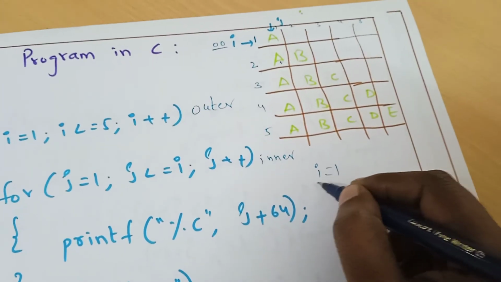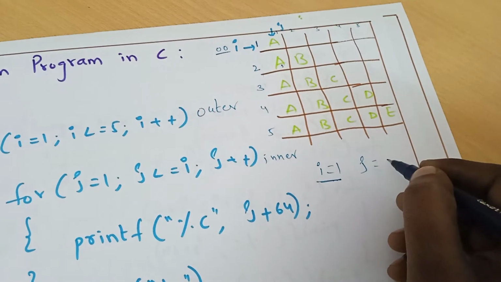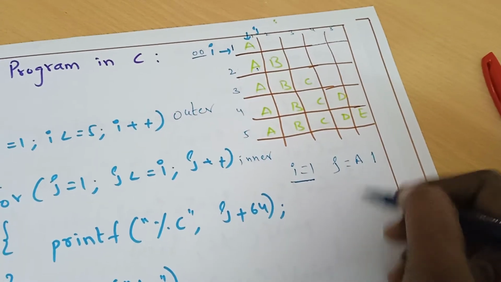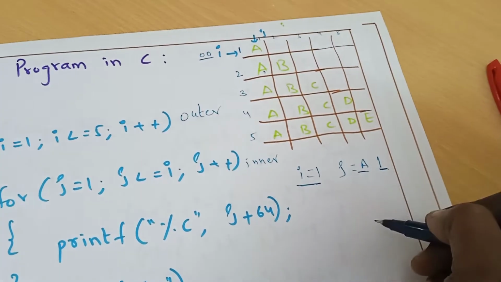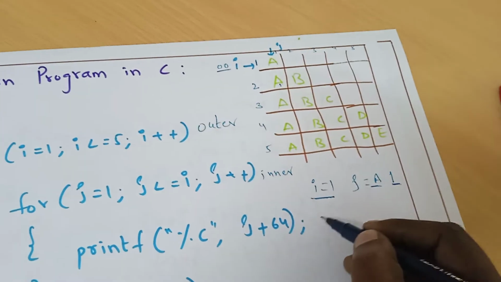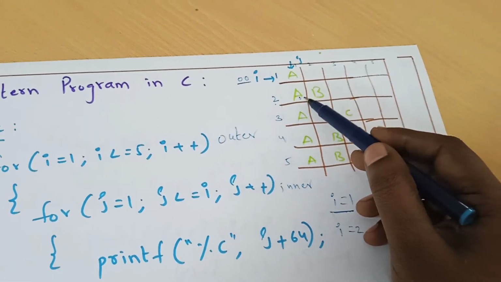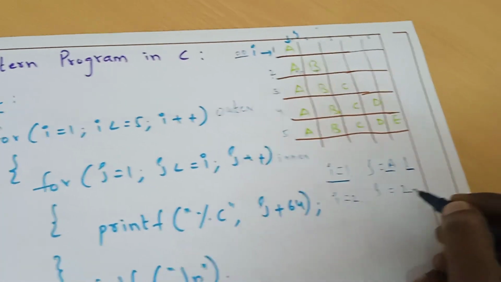When I value is 1, what is my J value? J value is also 1, because for A only one value I wanted to print. When I value is 2, how many values do I want to print? 2 values, so J is 2.